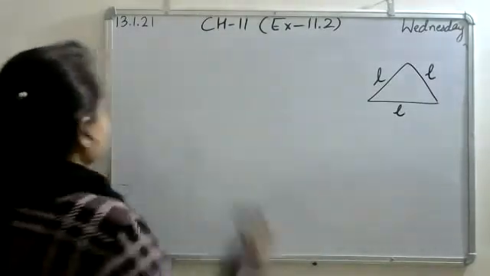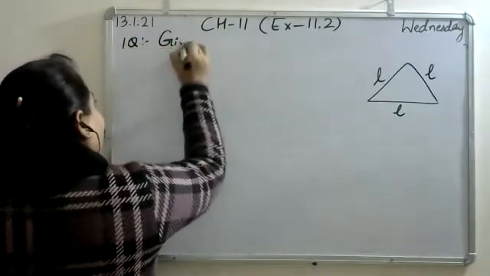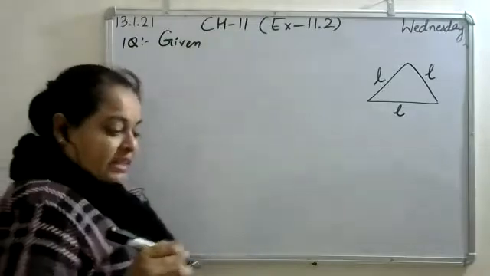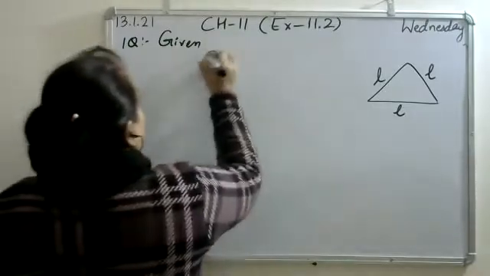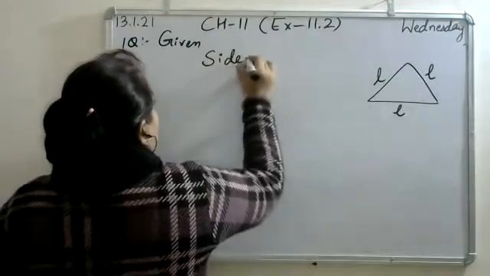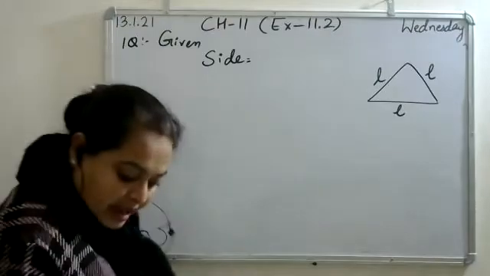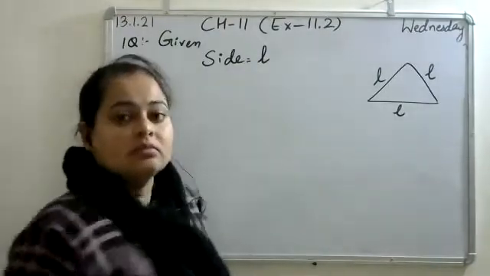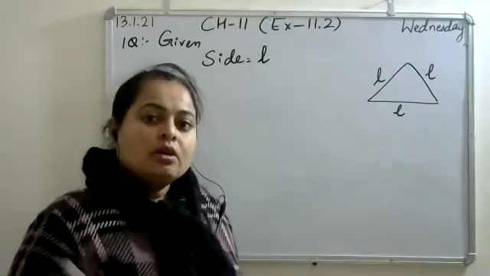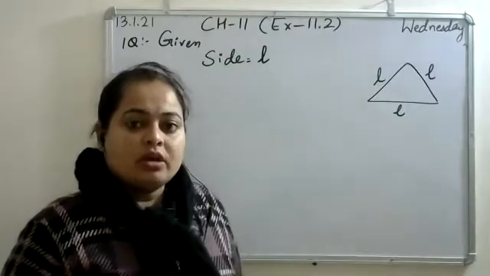Fine. So start solving. First of all, you will write the given. What is given to you? Side is given to you. Side is equal to L. What L? No meter is given in your book, no centimeter is given in your book.